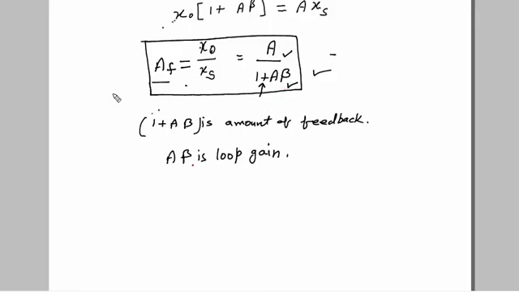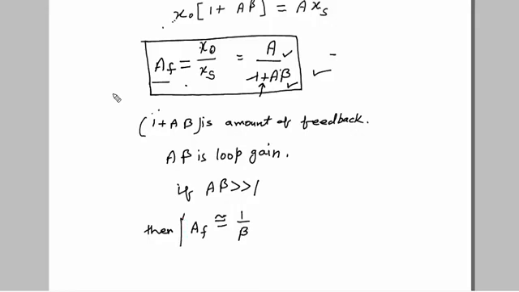Now see, if A beta is very, very much higher than 1, then this 1 can be neglected. It is like A upon A beta, then A and A will be cancelled. So we can write AF is nearly equal to 1 by beta.